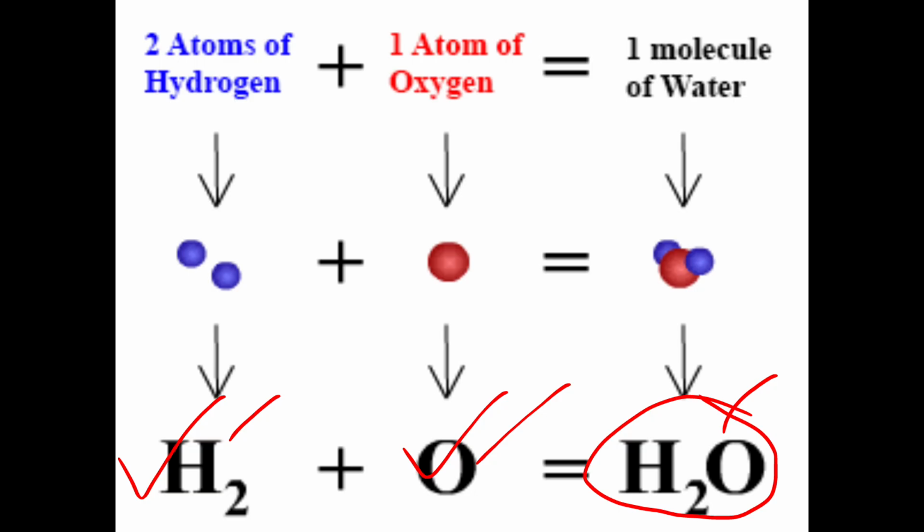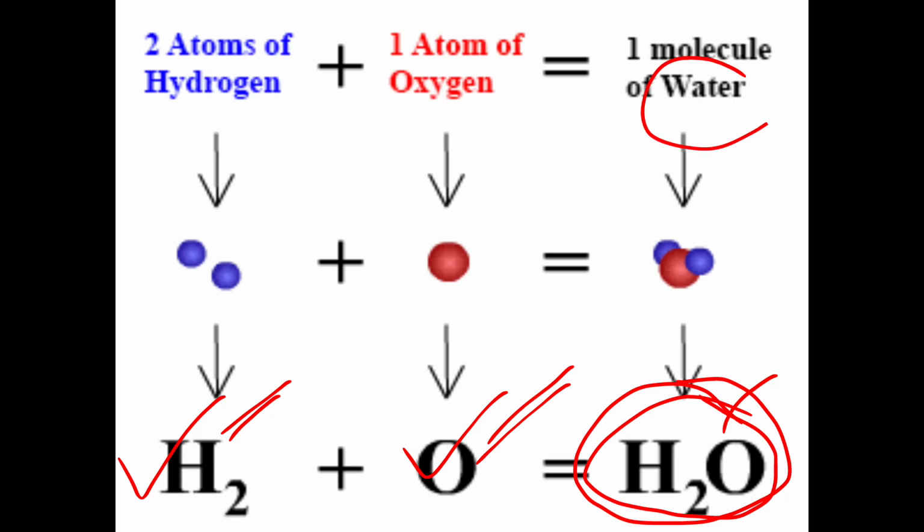So H is indicating one element, O is indicating one element, but here H2O is indicating a compound. So can we say that symbol is only for elements and formula is for only the compounds?